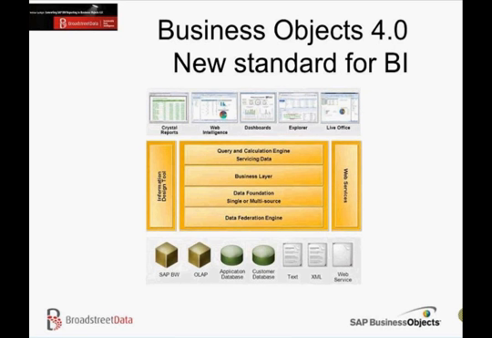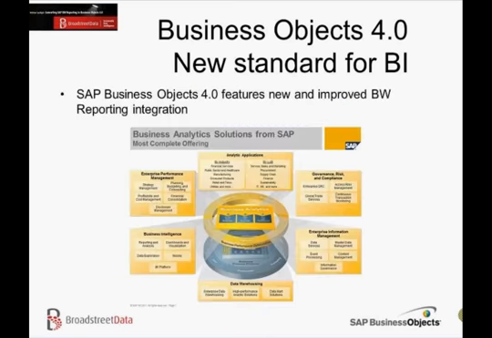That's the web services and the web application layer. And then the bottom layer is your data. And we can deal with SAP BW and OLAP-based cubes. We can also deal with relational databases and structured and unstructured sources of data as well.